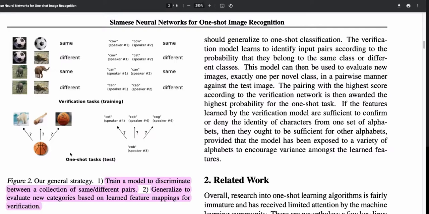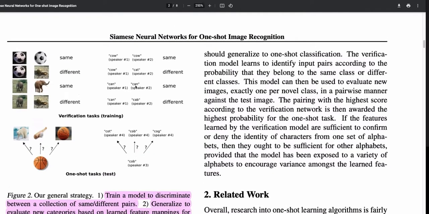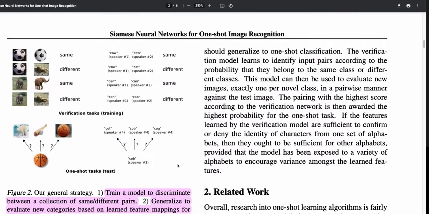So this is in the case of a one-shot task. All right. The same thing is applicable to the speech domain, where you have a recording of words, and you want to know whether it's the same word or not.